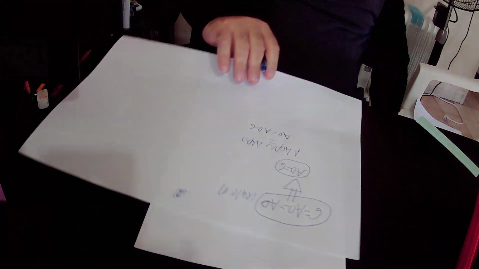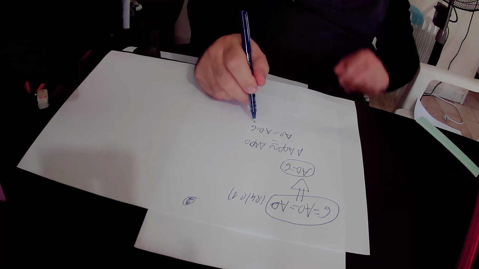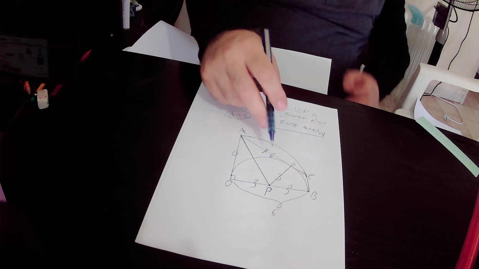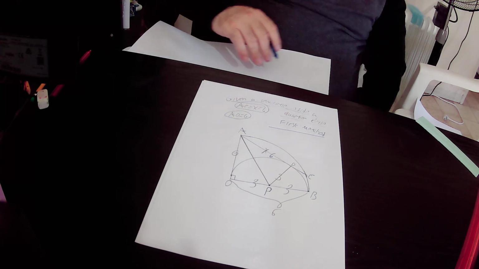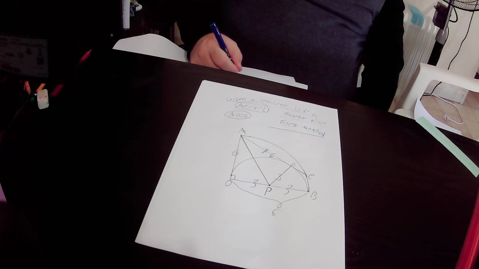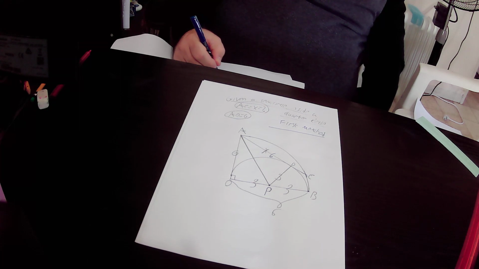We just found out that AD equals 6 units, so AO equals AD equals 6 units. AP is the common side that belongs to both triangles, so AP equals AP. It is a common side.